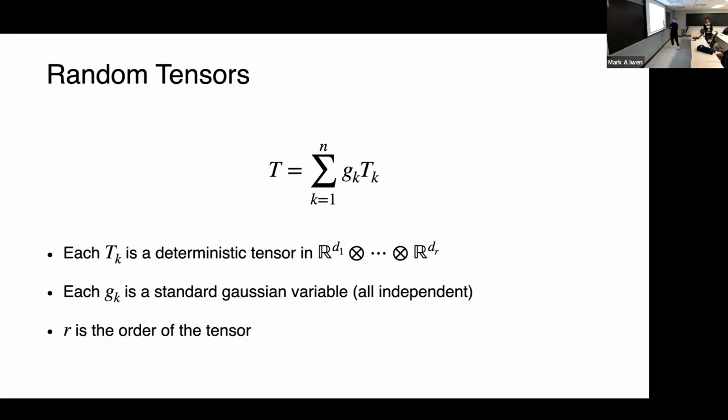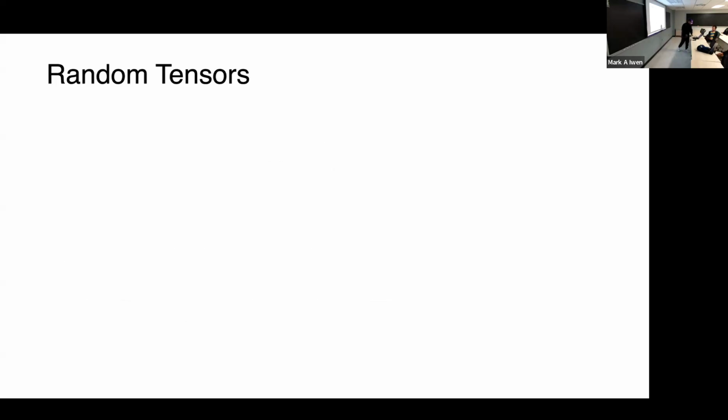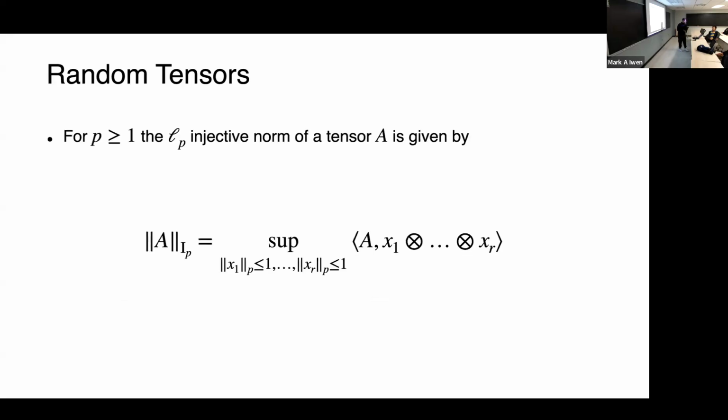So this is a jointly Gaussian random tensor where the T_k will encode some maybe correlation structure, if you will. It's a fairly general model. What we want to understand today about these tensors is the so-called Lp injective norm. For p greater than or equal to 1, the Lp injective norm is defined using this inner product, where the x_i's live in the appropriate Lp balls.